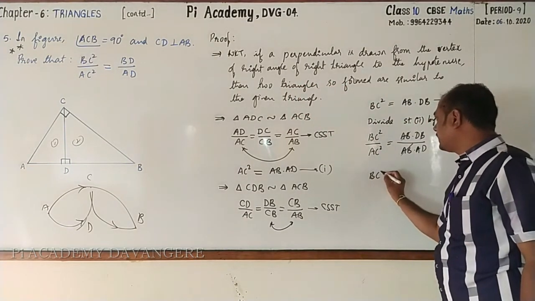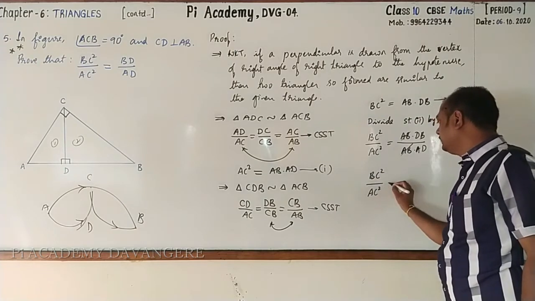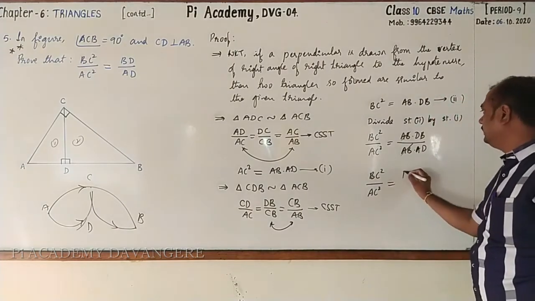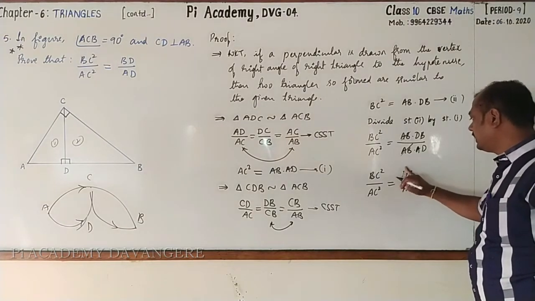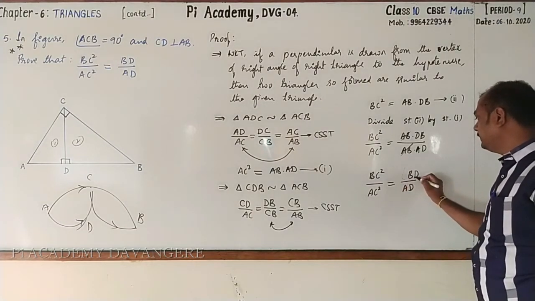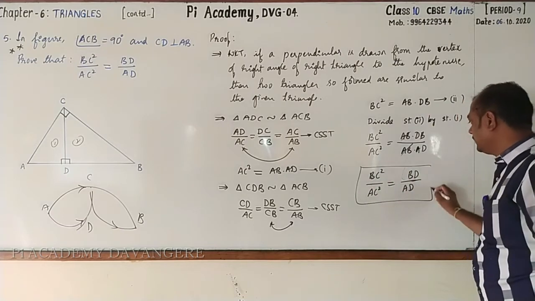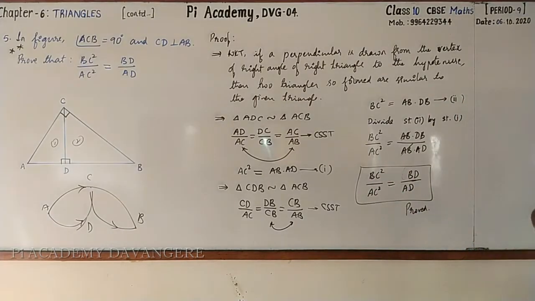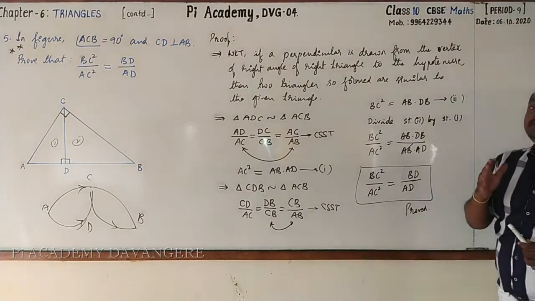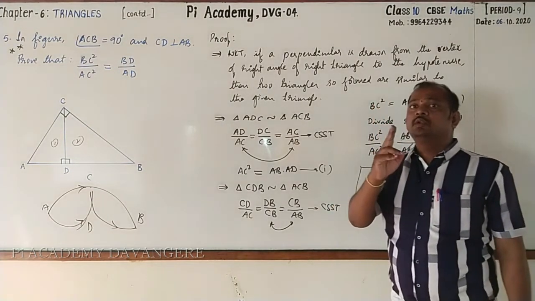So BC square by AC square is equal to BD by AD, as given in the statement. Hence it is proved. Hope that you have all understood this, and you can expect this question for 2 marks.